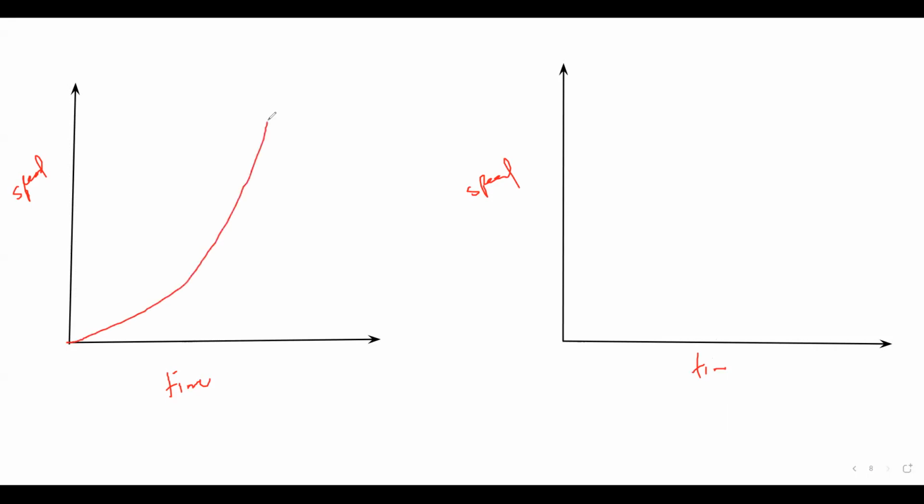The slope is increasing here and the slope is decreasing here. So where should I draw a tangent when the slope is increasing? We will draw the tangent beneath or below the graph line.